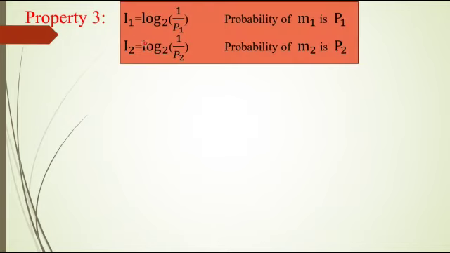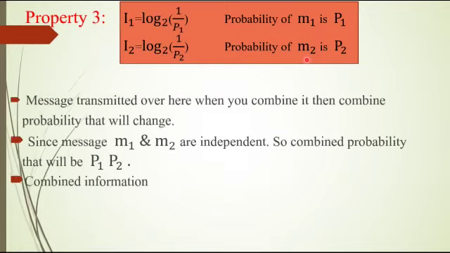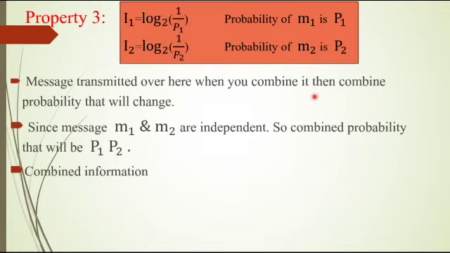I1 equal to log base 2 of 1 by P1, where P1 is the probability of message M1, and I2 equal to log base 2 of 1 by P2, where P2 is the probability of message M2. When you combine them, the combined probability will change. Since messages M1 and M2 are independent, the combined probability will be P1 P2.